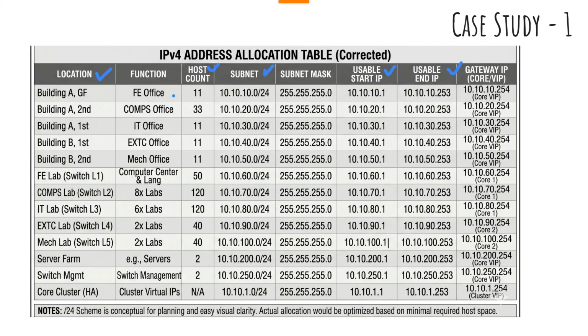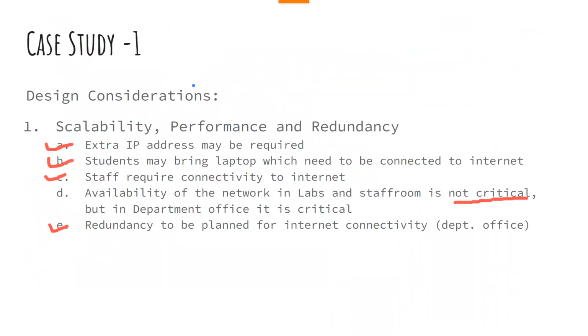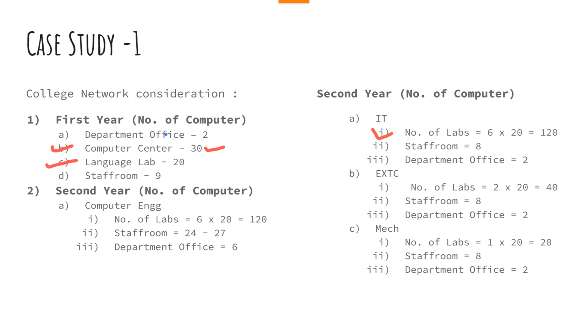Now, in FE Office I require 11 machines. Why 11 machines? Let's have a look at this. What has happened here is we have combined these two. Why did we combine these two?